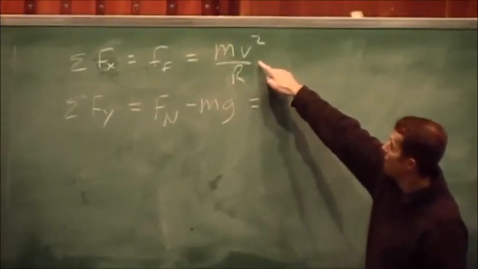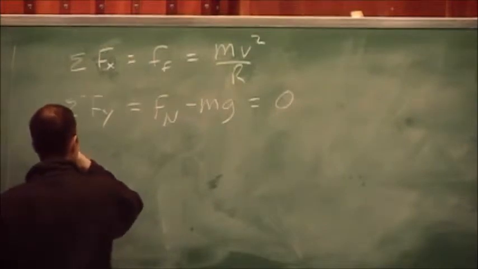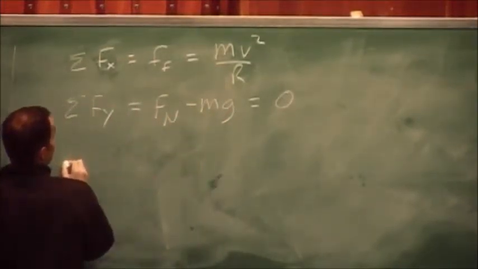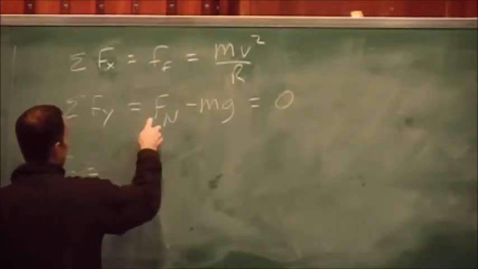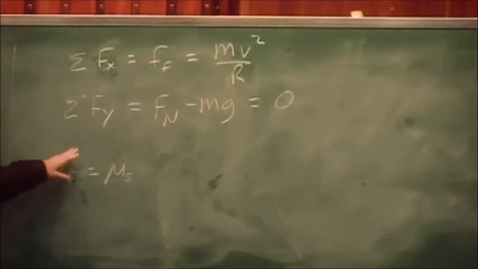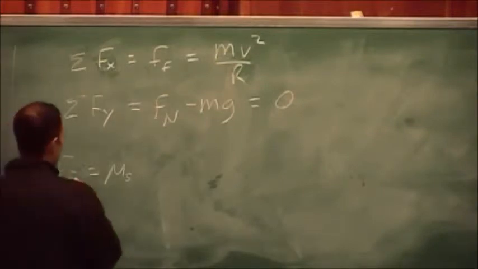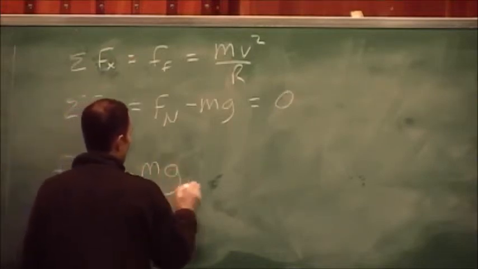Now, if I look at this, I see that the force of friction is equal to μs. What I want to find out is the maximum speed I can go before the static friction no longer holds, right? So I find that the force of friction is equal to μs times m times g.